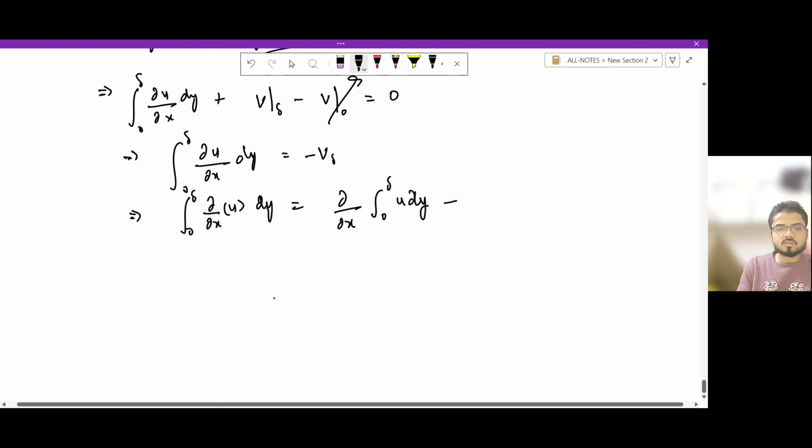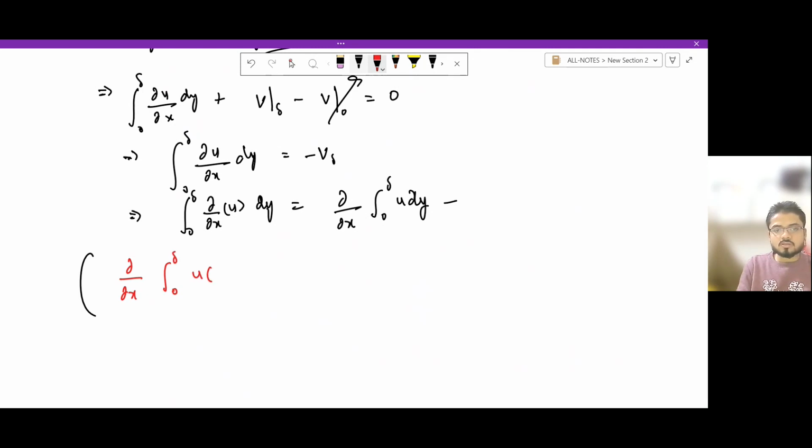Let me just tell you briefly what it's all about. If you want to differentiate something like this, which is a function of x and y, integrated dy, you have to use the Leibniz rule, since the limits are also functions of x.